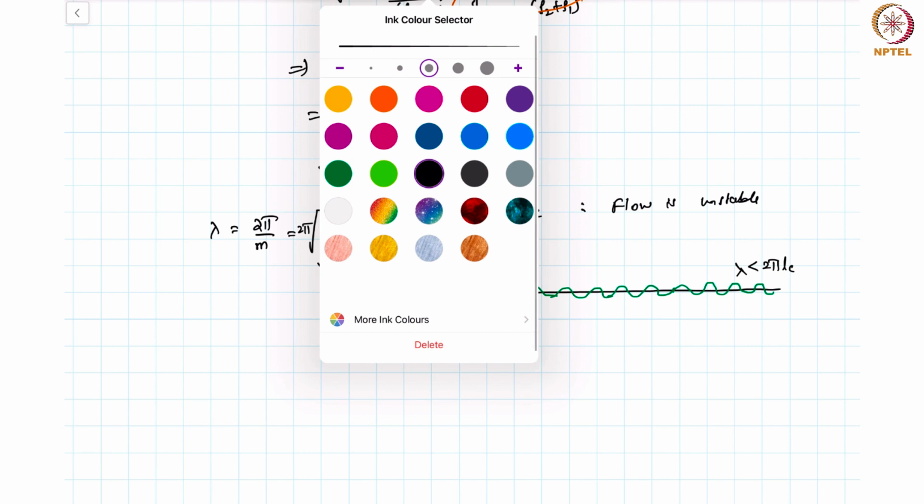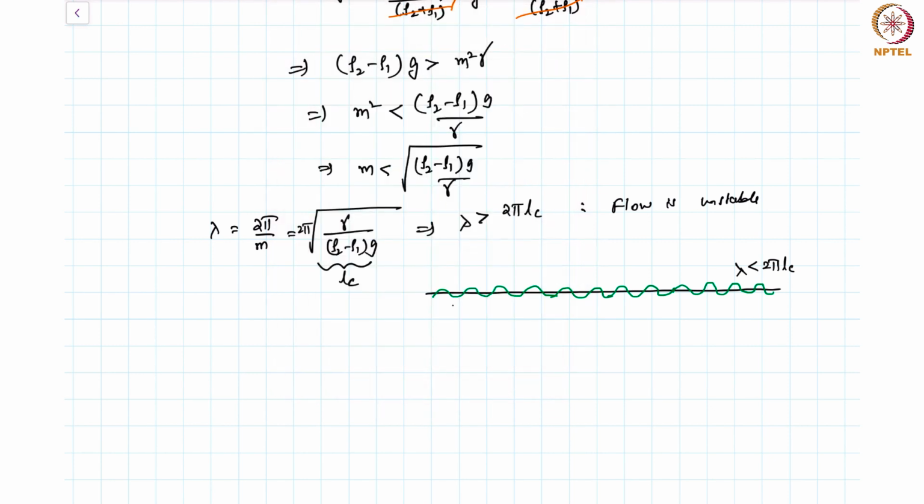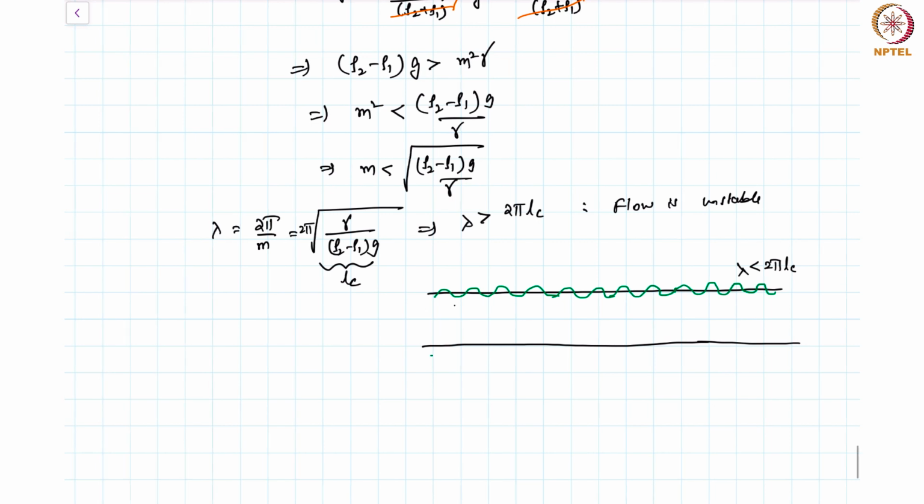On the other hand, let's consider an interface. My original interface is flat. I have considered an interface where the wavelength lambda is large. So this is for lambda greater than 2 pi LC.